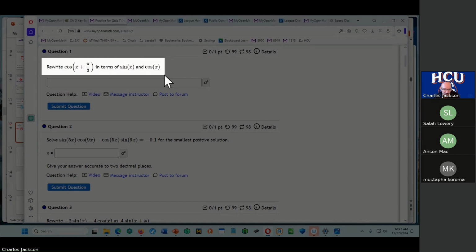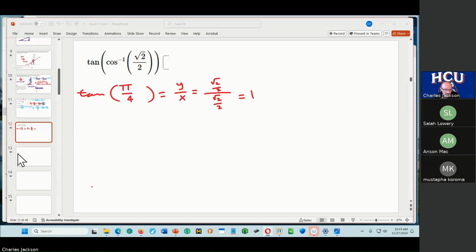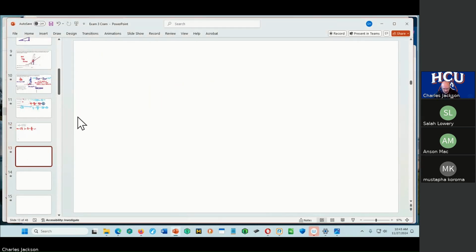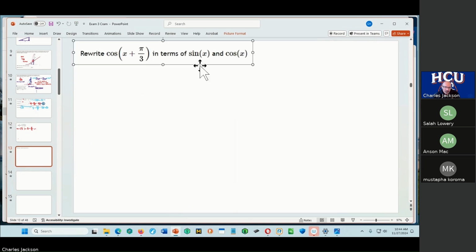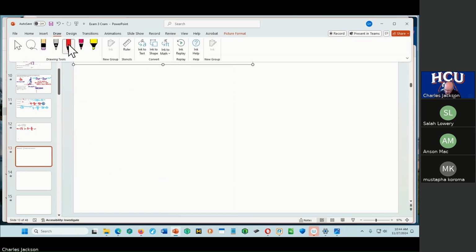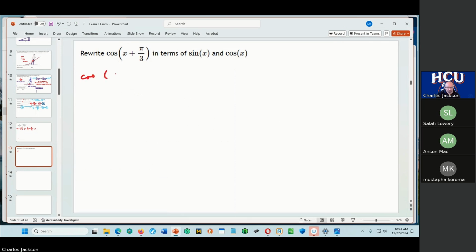The addition formula for cos. So we have cos alpha plus beta is cos alpha cos beta minus sine alpha sine beta.